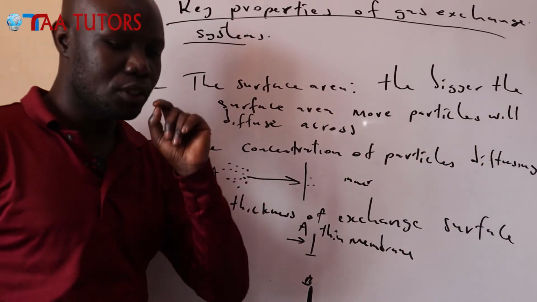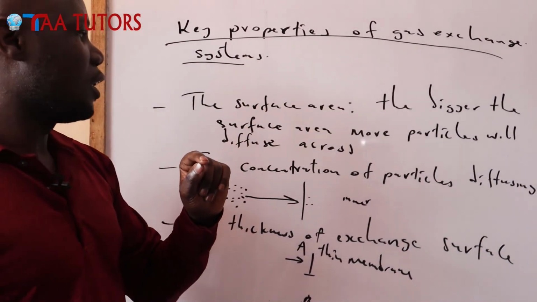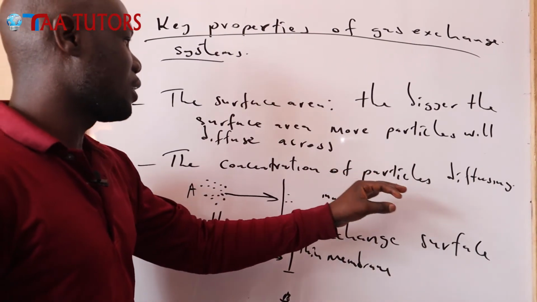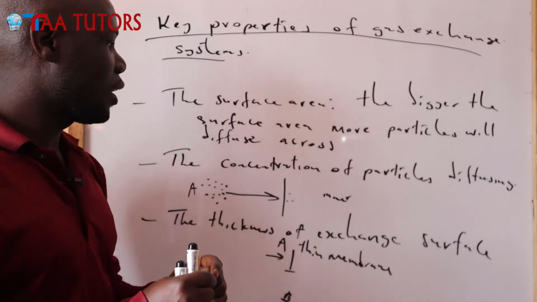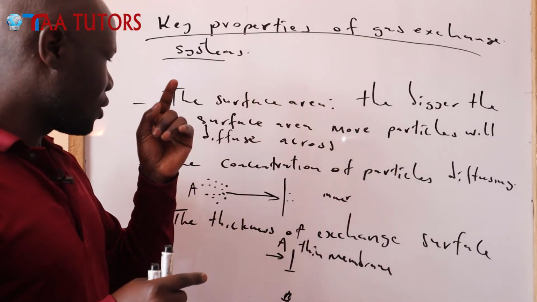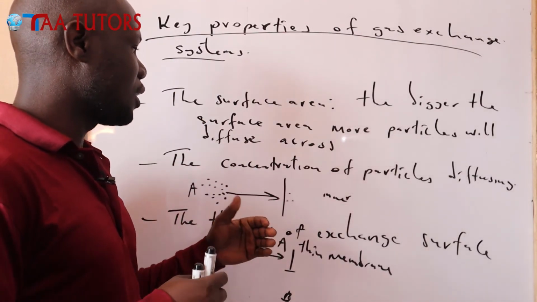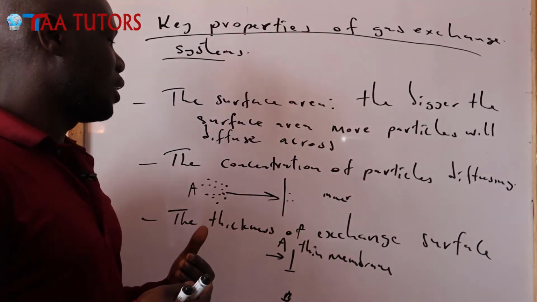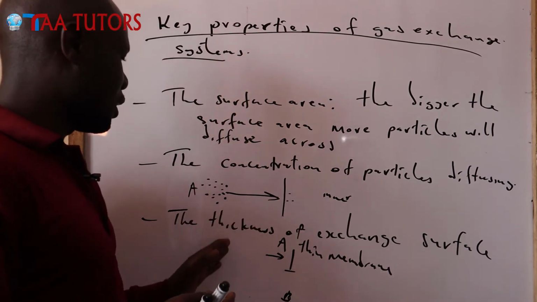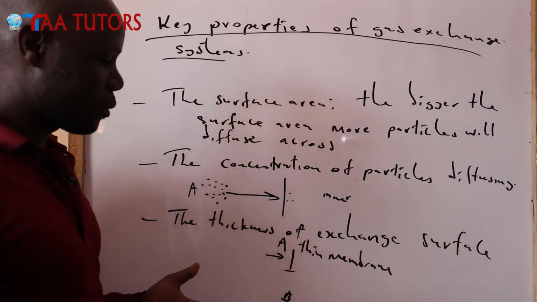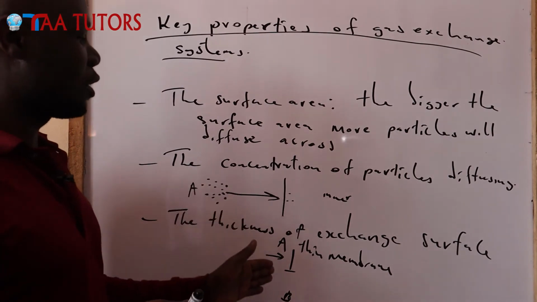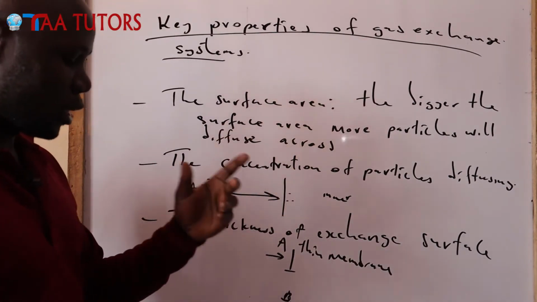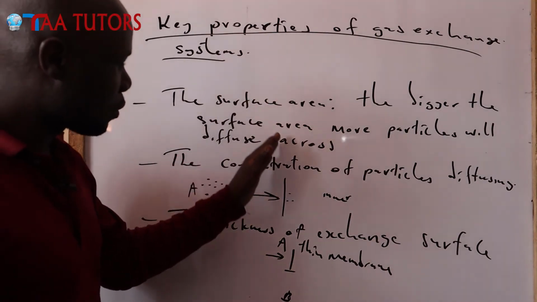Still in the lung, in terms of the concentration of the particles, we will see how our lungs make sure that there is always a steeper diffusion gradient across it, so that there is a continuous flow of the particles. And also the distance, the thickness of the surface of the lungs: how is it such that it will make sure that the molecules move across as required, or as it should happen? Those are the things that we are going to relate.